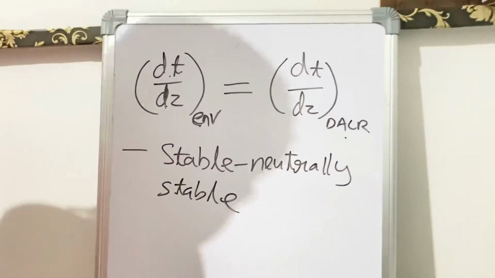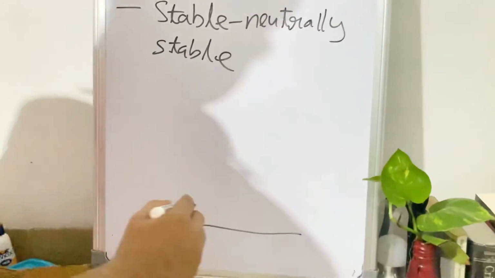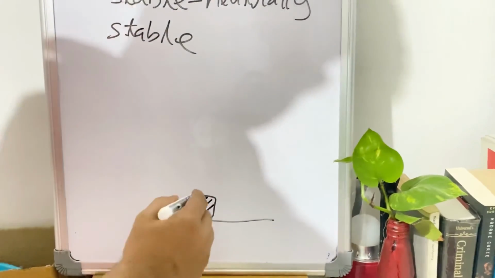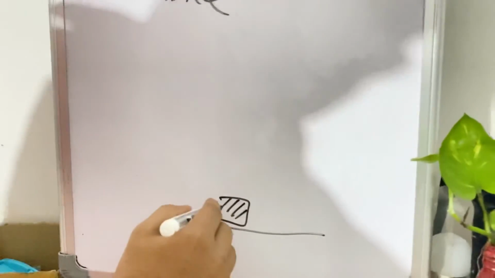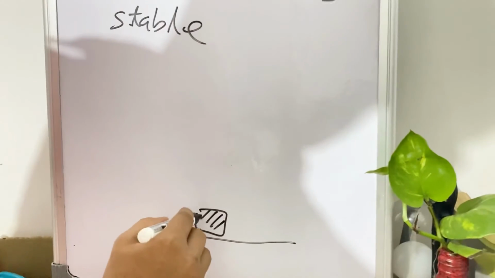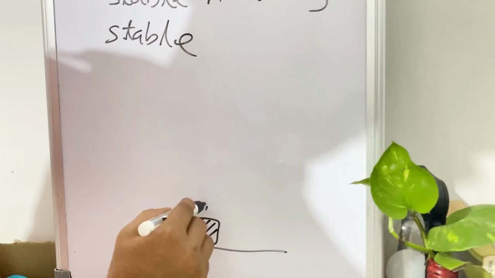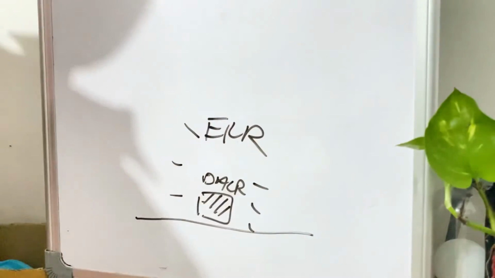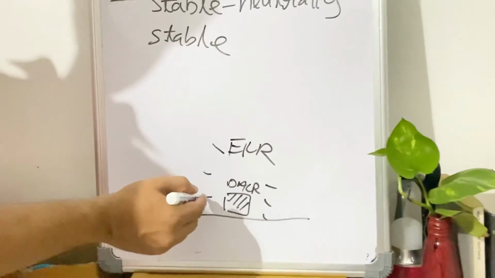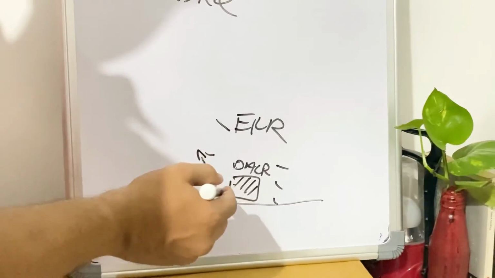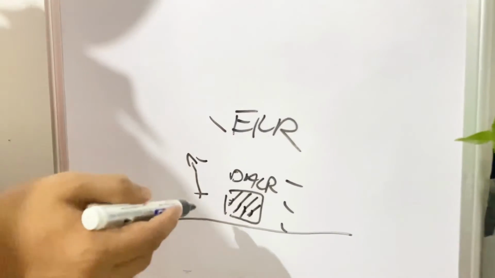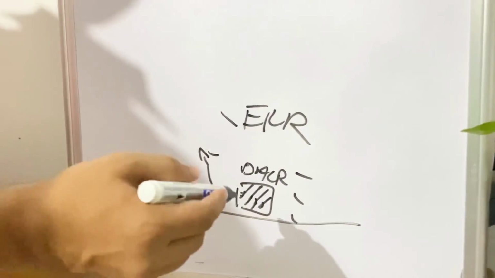because consider this as the land surface and this air parcel is the point of concern. Consider this as the dry adiabatic lapse rate, DALR, and consider the surroundings as ELR. So when this air parcel goes up, its condition is dry adiabatic in origin.